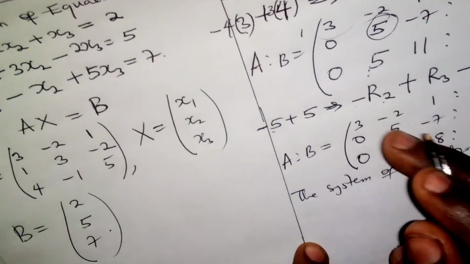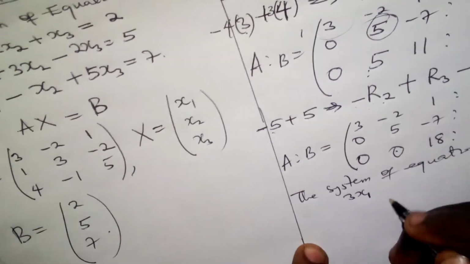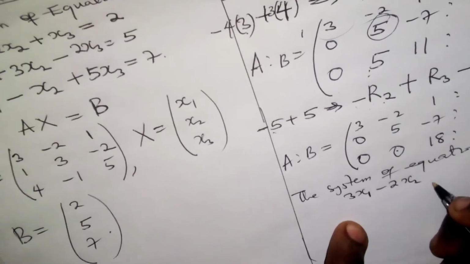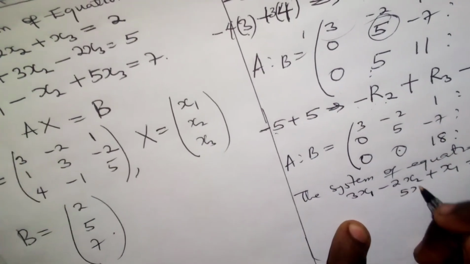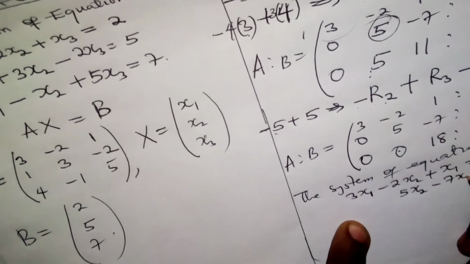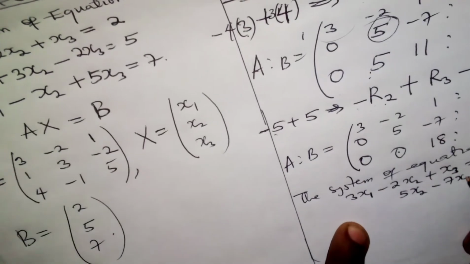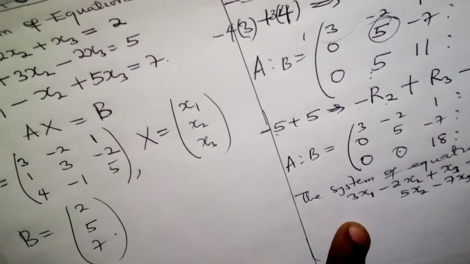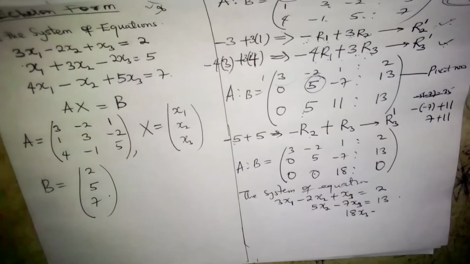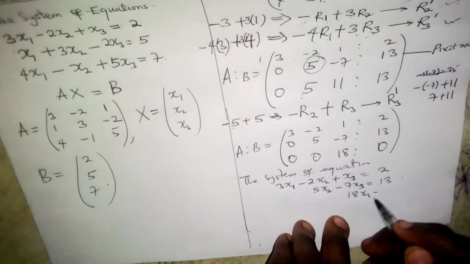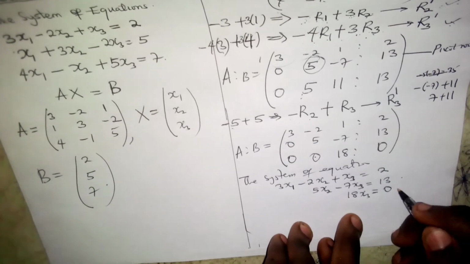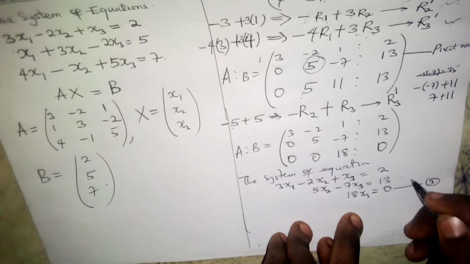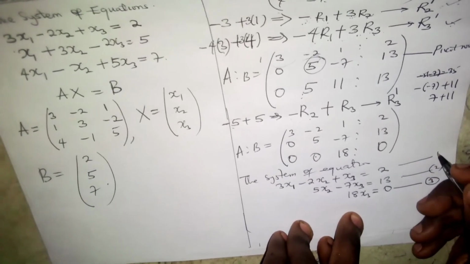The system of equations will be, you write it again, 3x1 minus 2x2 plus x3 equals 2. 5x2 minus 7x3 equals 13. Then 18x3 equals 0. Now using back substitution, we can call equation 3, equation 2, and equation 1.